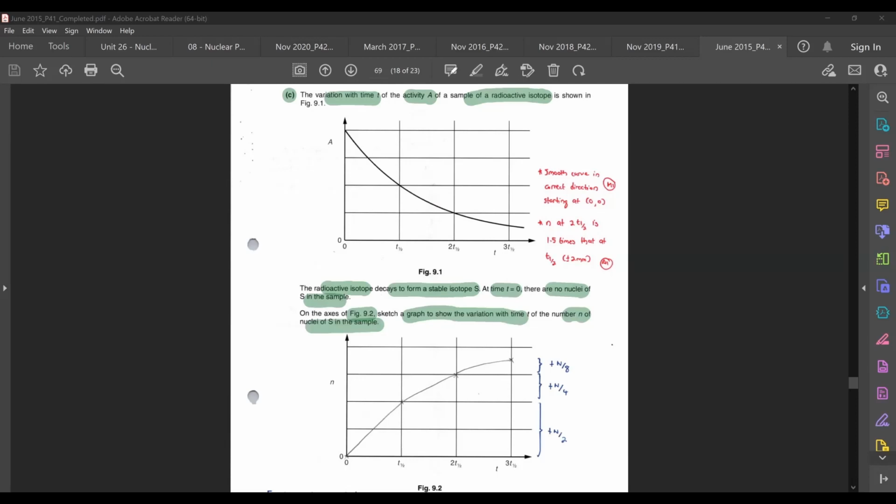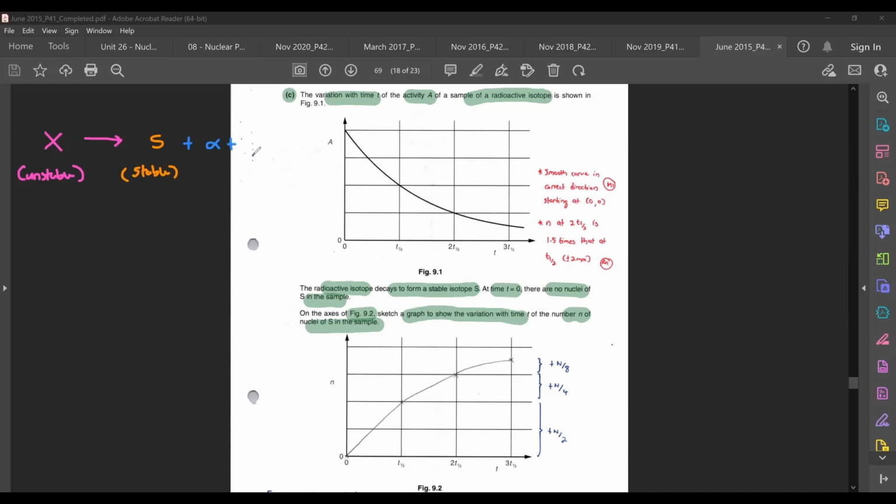So let's just try and make sense of what this question is saying. It's basically saying this. You have some unknown element, let's call this element X, is unstable. It decays to become a stable element called S here, a stable isotope S. This one is stable. And it does so by emitting any of these radiation.